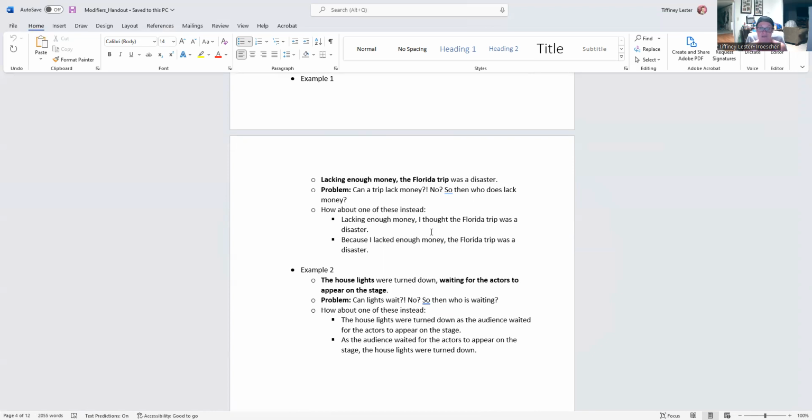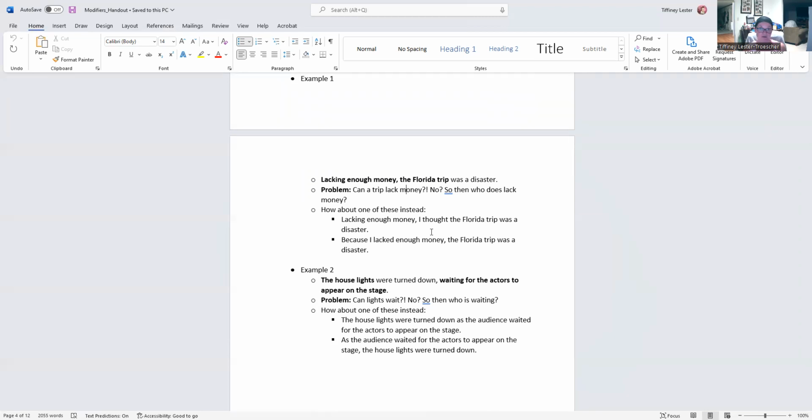We know that the modifier needs to be placed near the noun which it modifies. Lacking enough money, the Florida trip was a disaster. So this is telling me that the Florida trip is what lacked enough money. But can a trip lack money? No.